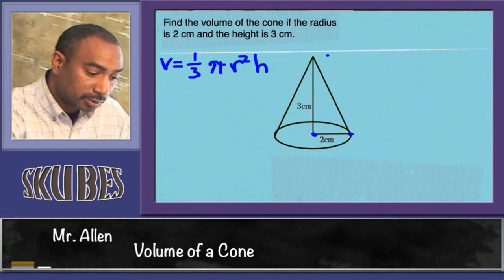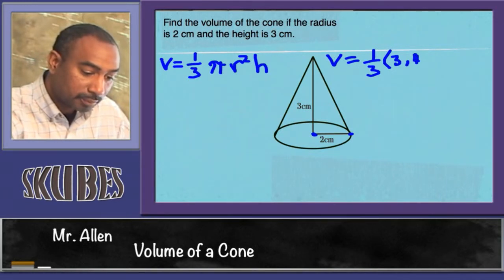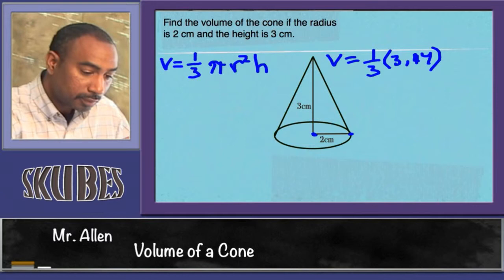So I'm going to say the volume is equal to 1/3 times pi. We're going to use 3.14 for the approximation of pi. Radius squared, so that's 2 squared, times the height, which is 3.